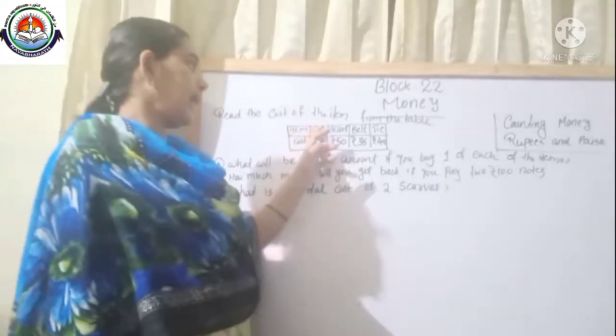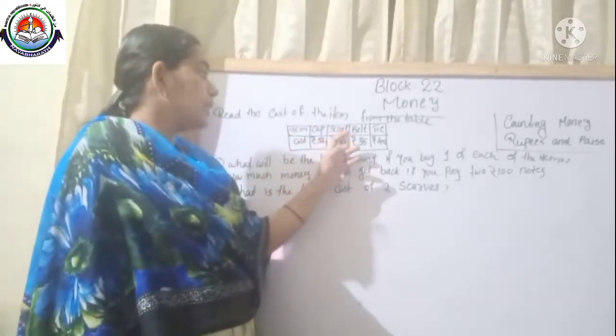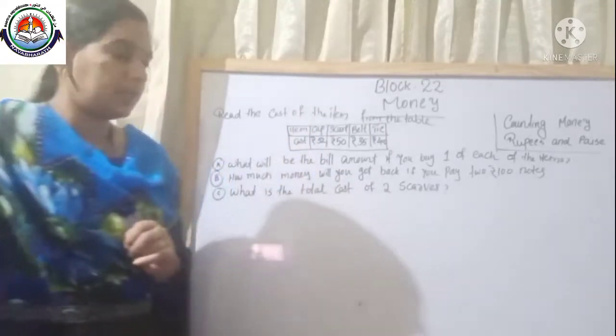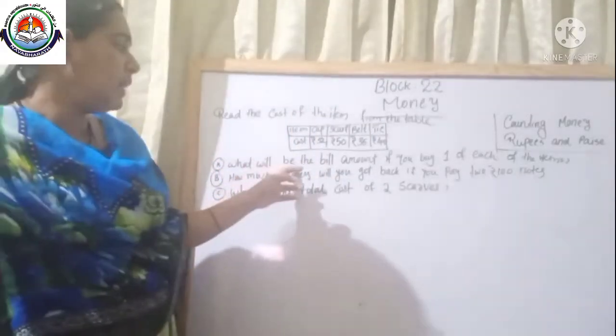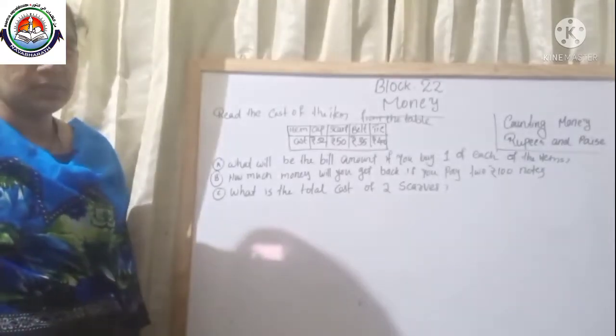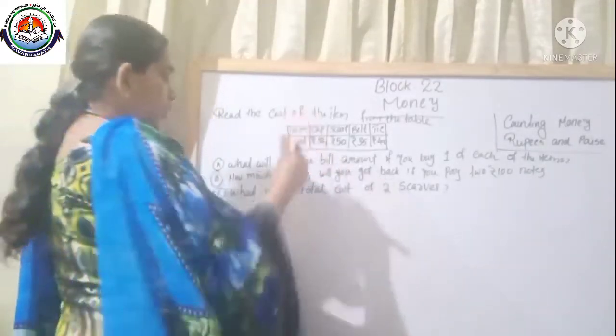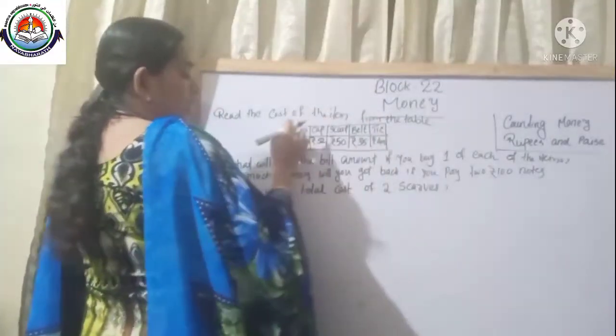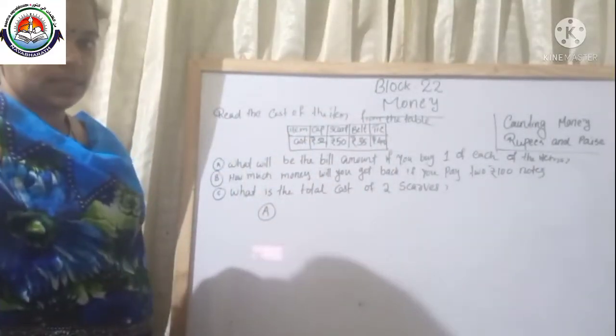Read the cost of the item from the table. Item cost: cap rupees 52, scarf 50, belt 35 and tie 40 rupees. Then what will be the bill amount if you buy one of each of the items? So first answer, if you are buying one of each, what is the cost?